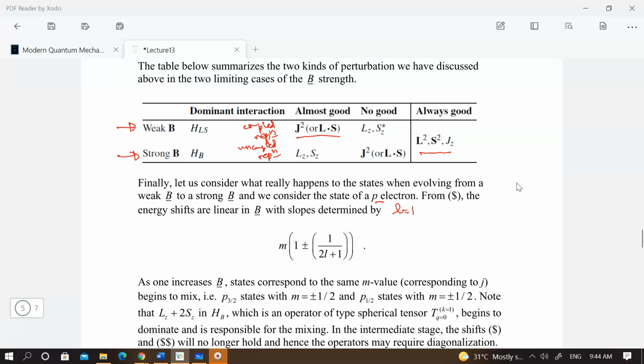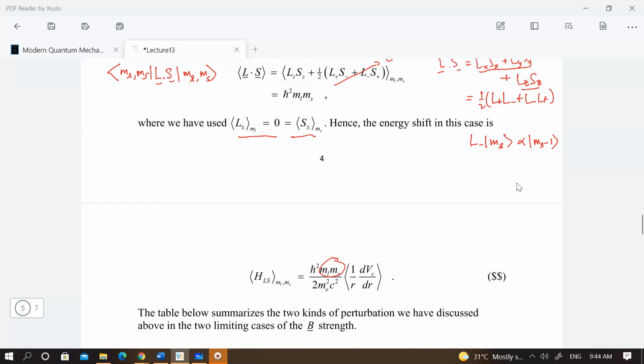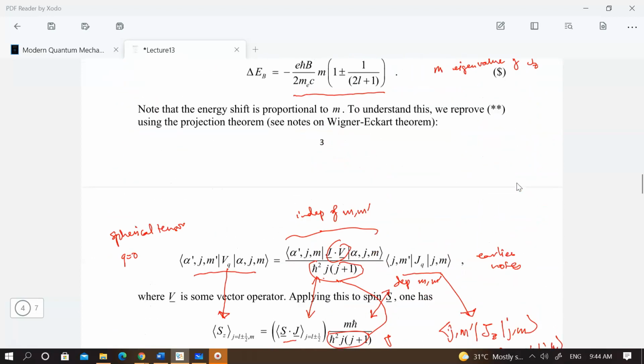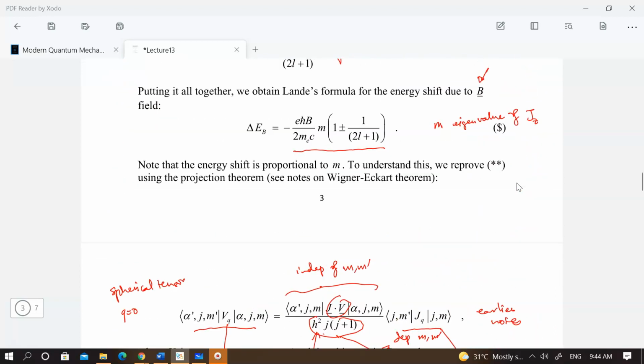So in the first case we have seen earlier, when you have a weak magnetic field, you get this result.